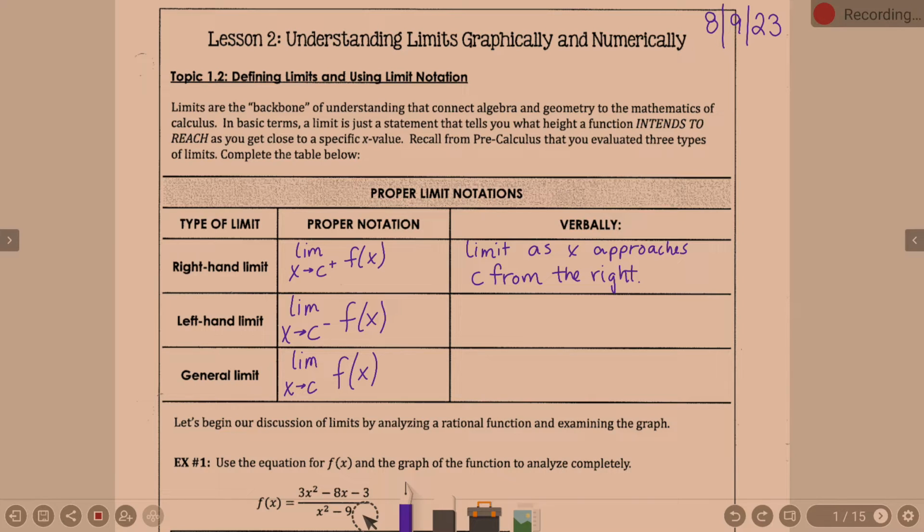Generally, we say from the right, though. That means this next one is the limit as x approaches c from the left. And then the bottom one, of course, is just the limit as x approaches c.